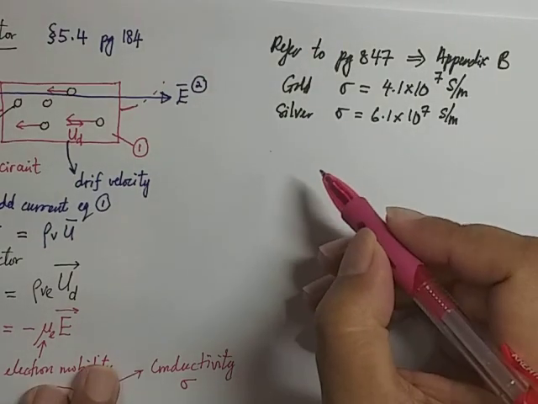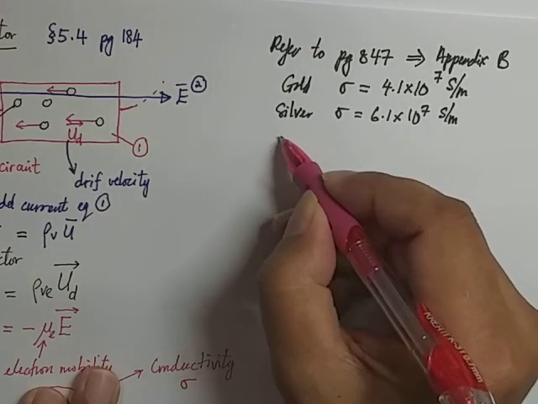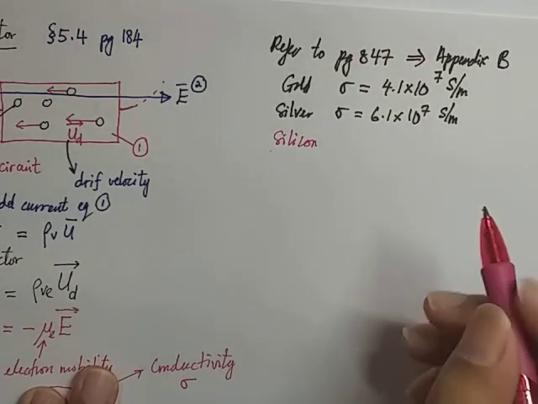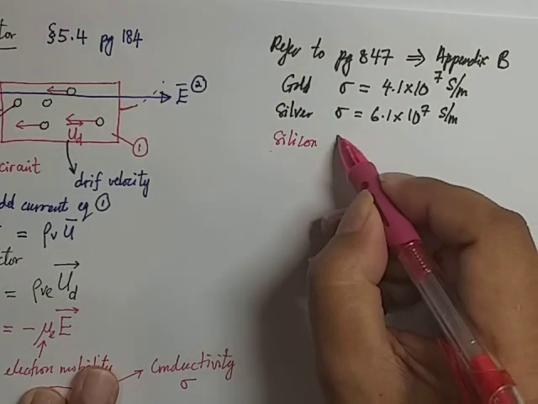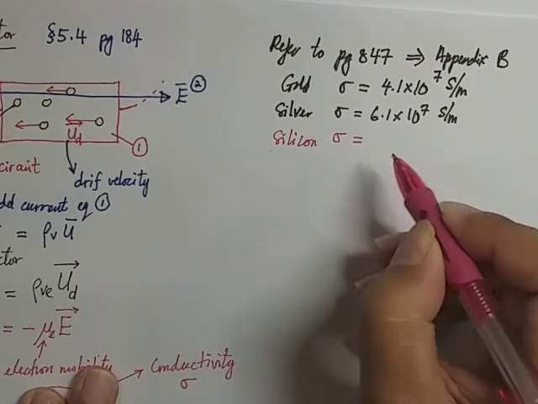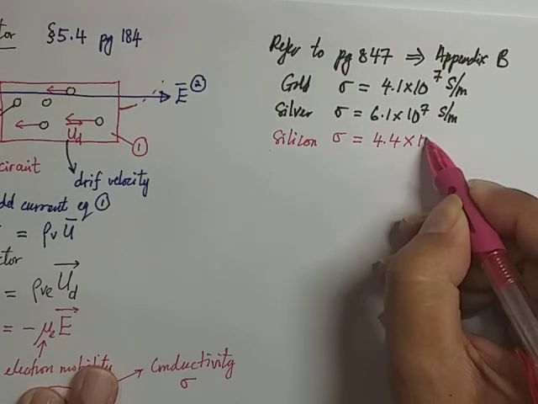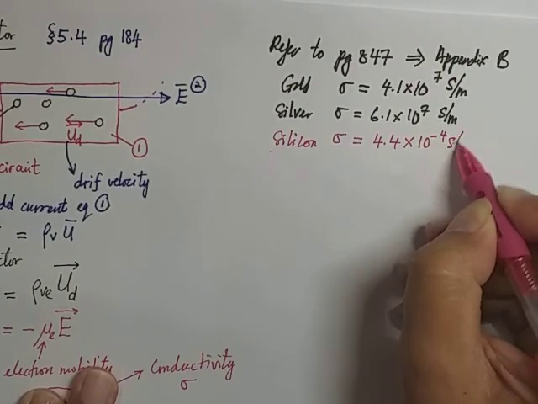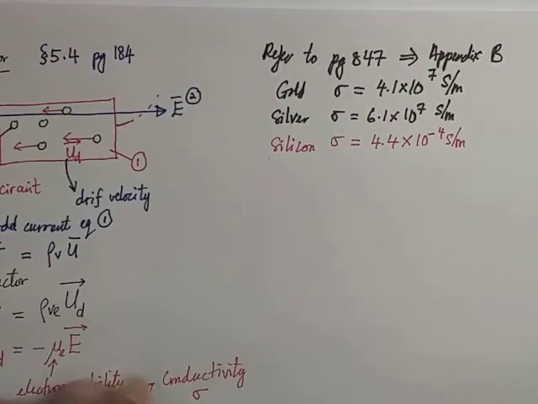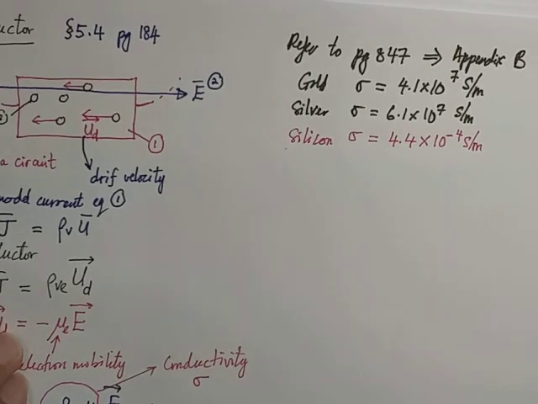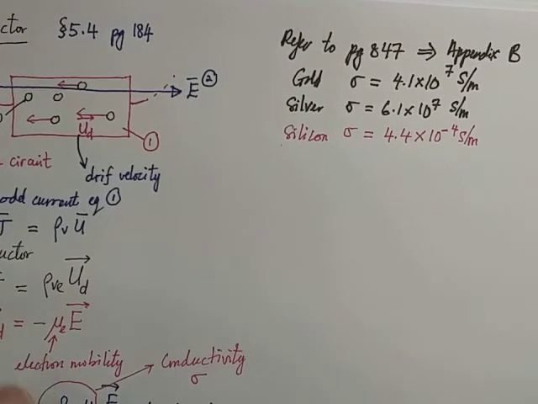Take silicon, a typical material used a lot in semiconductor applications. The sigma given by the table is 4.4 times 10 to the minus 4 Siemens per meter, which is much, much smaller. So silicon is not as good a conductor compared to gold or silver.